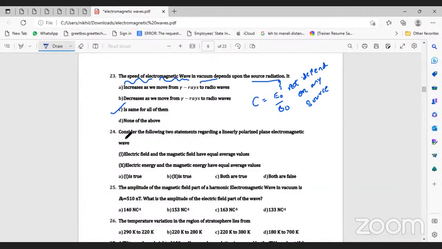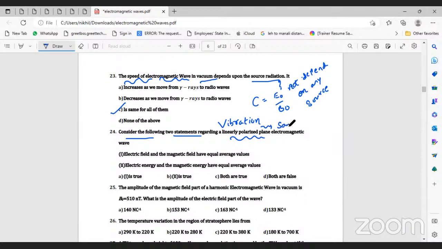Now, consider the following two statements related to linearly polarized waves. You know the meaning of polarized, right? Polarized means the vibrations of the particles are going to be in the same phase.